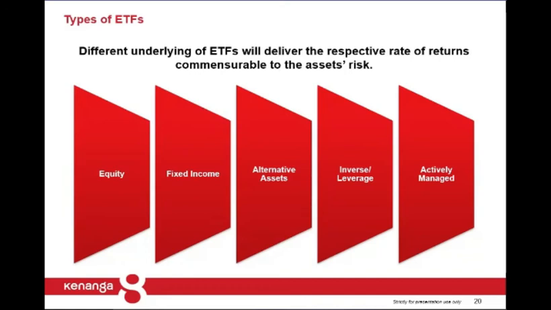Now, inverse and leverage, or leverage and inverse ETFs, these are what we call synthetic ETFs, where they use derivative products to really represent the underlying shares. So, for example, a leveraged ETF would actually use derivative products such as options to magnify the gains that you get as opposed to investing directly in securities.